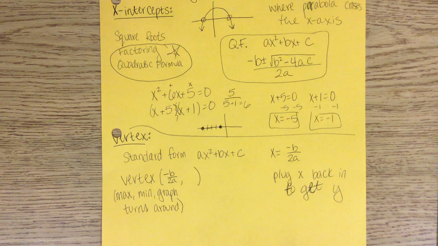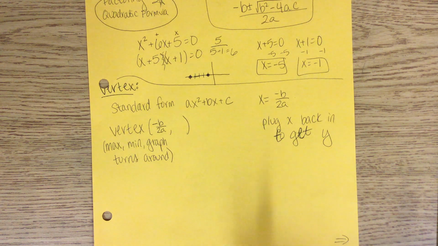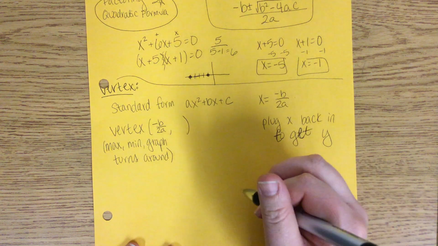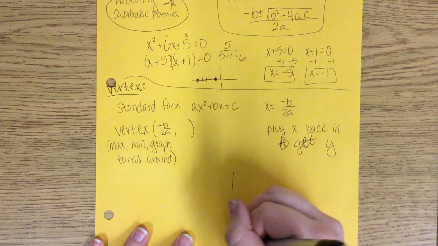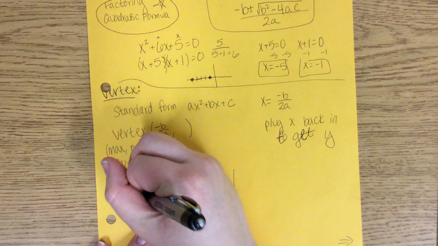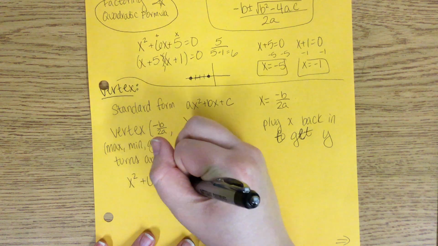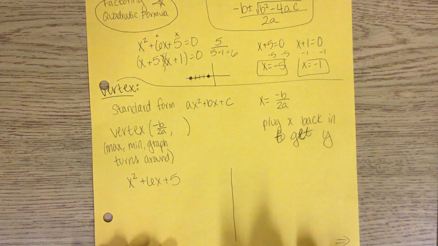Okay. So I will do an example of this for you. I'll do two examples actually. We'll do two quick ones. x squared, and we'll pull the one from before, plus 6x plus 5. Okay.